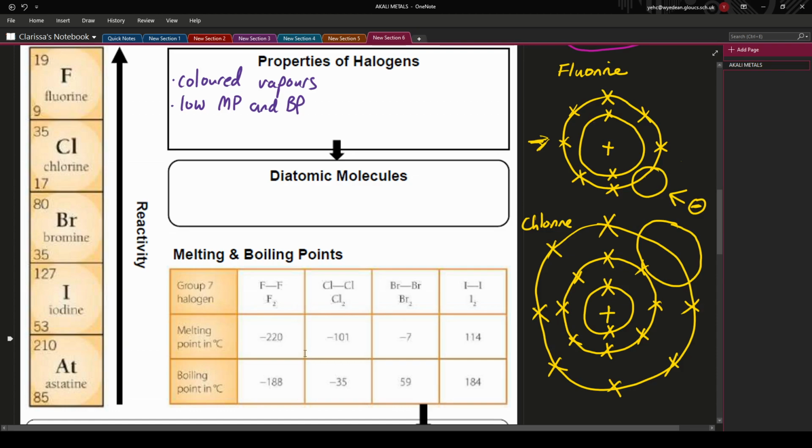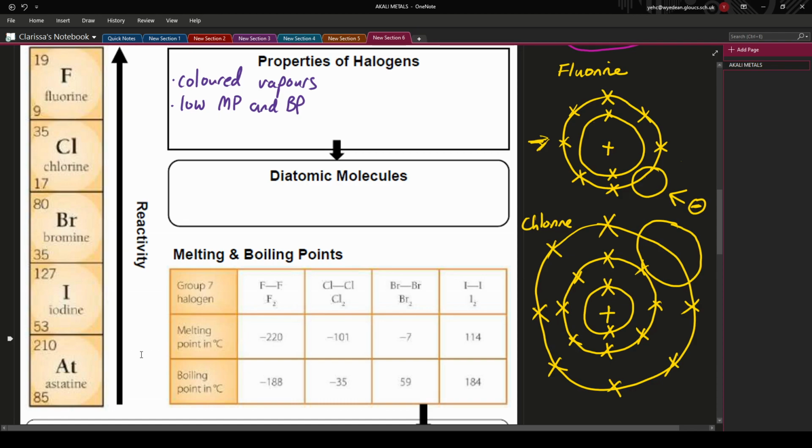If I were to say which element is going to be a solid at room temperature, have a think looking at the table which it's going to be.